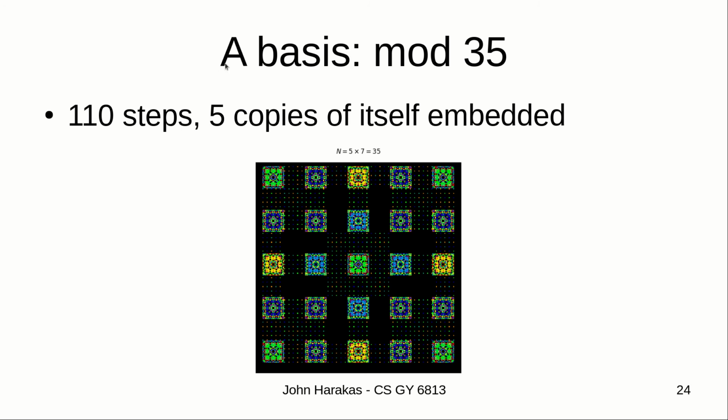Now, for this example, this is the basis that we computed. This took 110 steps, and it's just using 5 times 7. Notice there are 25 little regions in this, and they're all basically copies of, well, there's 5 copies here.